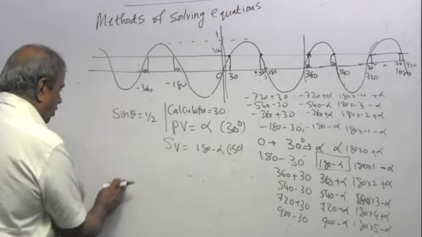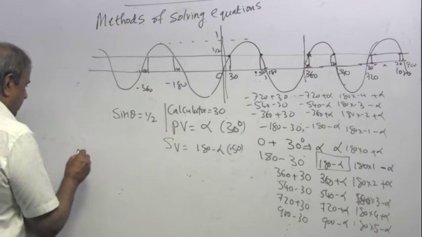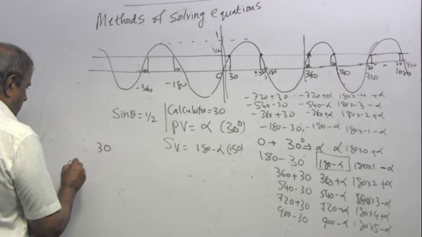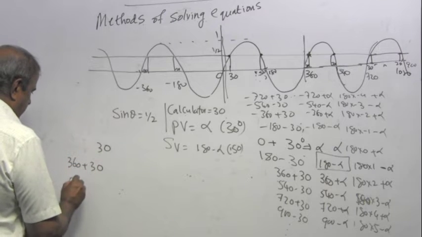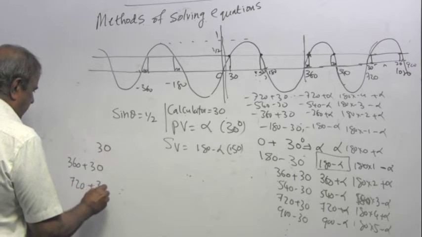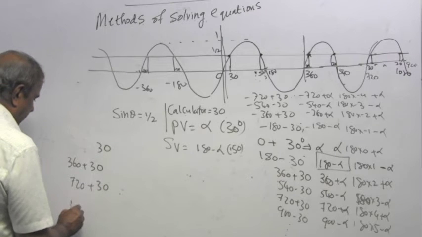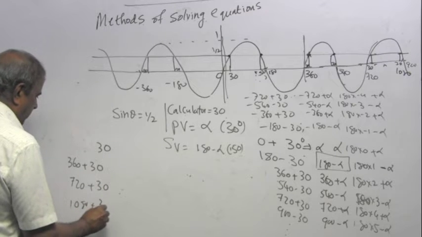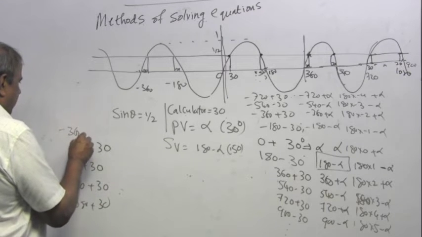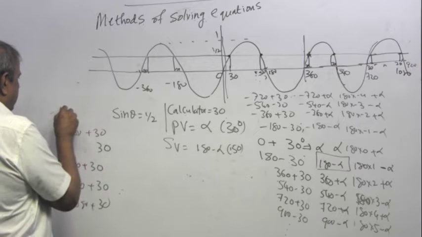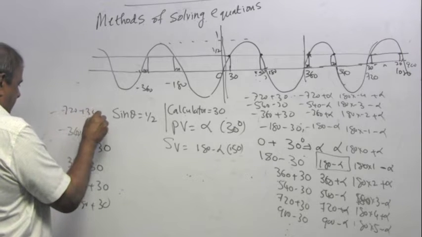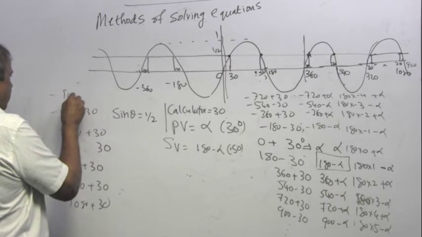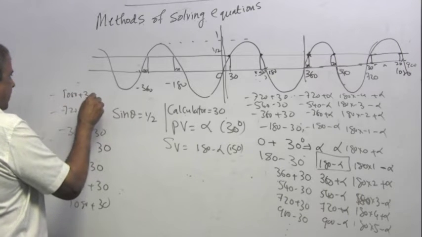Okay, let me put all the 30 degrees ones. Like, 30, 360 plus 30, 720 plus 30, 1080 plus 30, minus 360 plus 30, minus 720 plus 30, then minus 1080 plus 30.